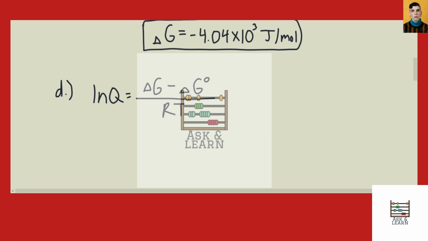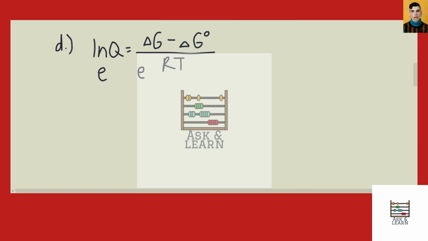So to isolate Q on the left side, we need to raise each side of the equation to the e to the power of whatever is on that side of the equation.